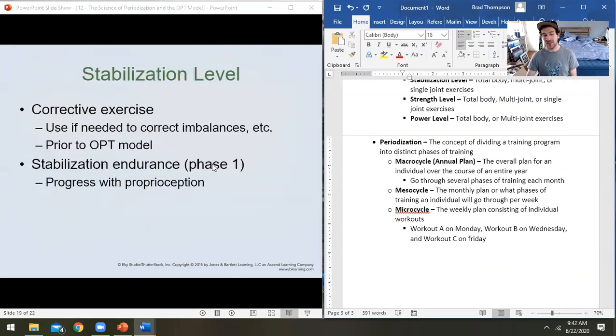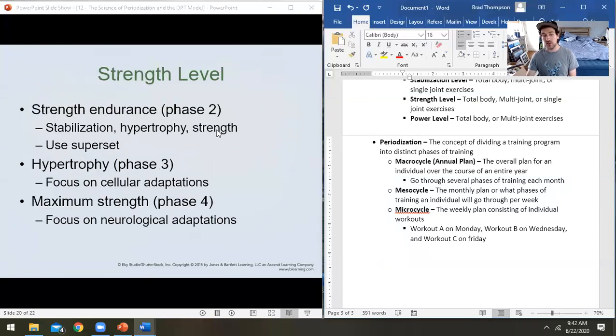So you would do corrective exercise maybe on Monday after a big game. And then you would build your athlete up with stabilization endurance or whatever other phase of training they're doing. In the strength level, we've got 3 phases here. Strength endurance, which pairs up stabilization and strength-based work. It's very good for developing stability.